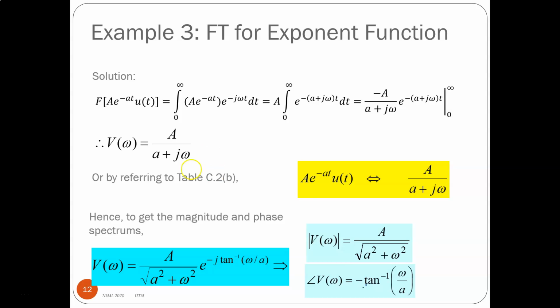You don't have to actually calculate this integration. However, you need to understand how you obtain from here up until here. For this subject in a system, normally it is based on the application of the Fourier transform. So you just need to know how to use the formula in the table, and how to get this formula in the table.